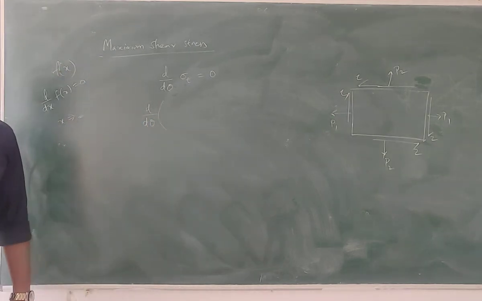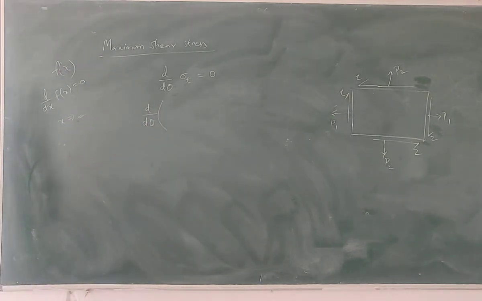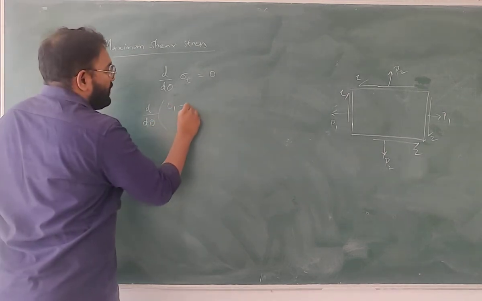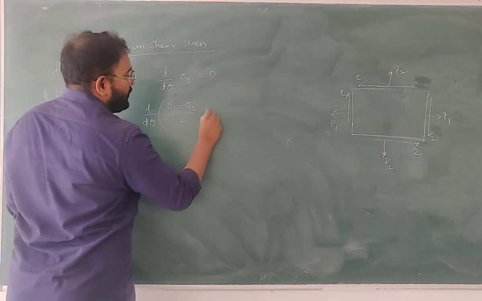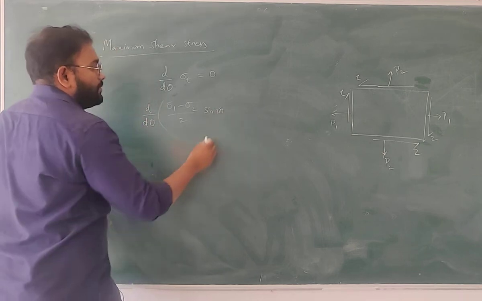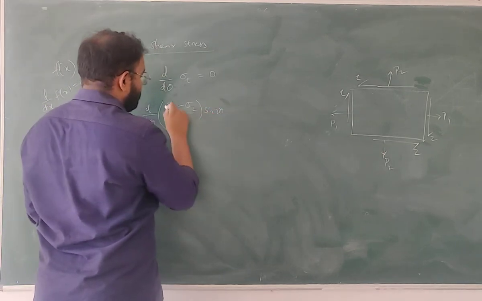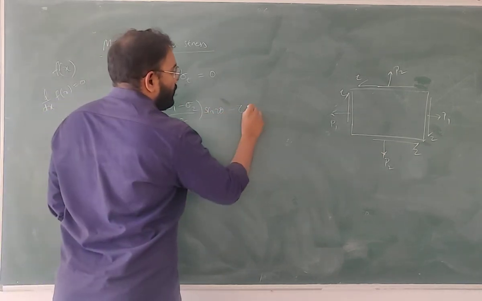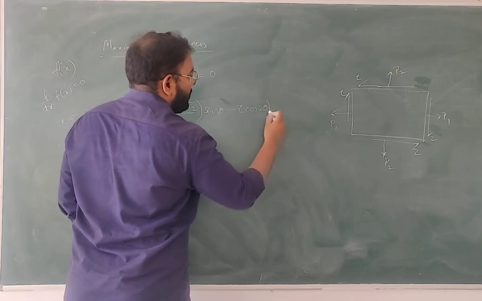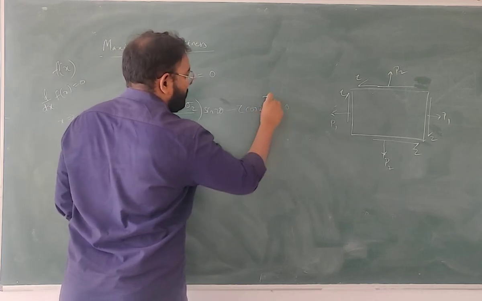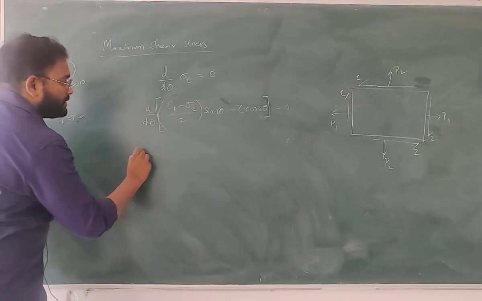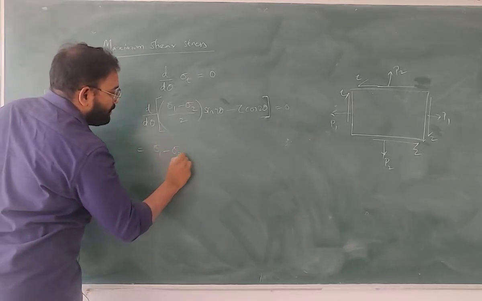Sigma t is sigma 1 minus sigma 2 by 2 sin 2 theta minus tau cos 2 theta equal to 0. Okay, so this is sigma 1 minus sigma 2 by 2.